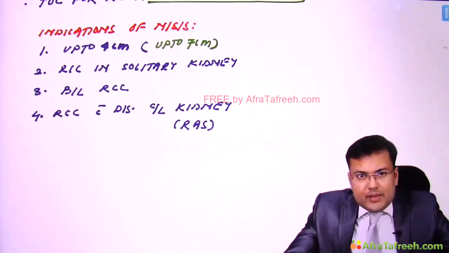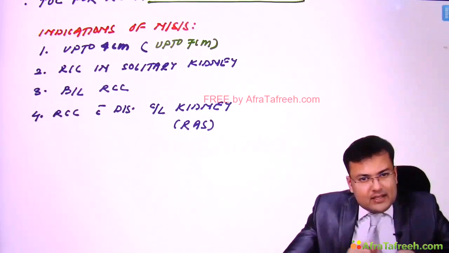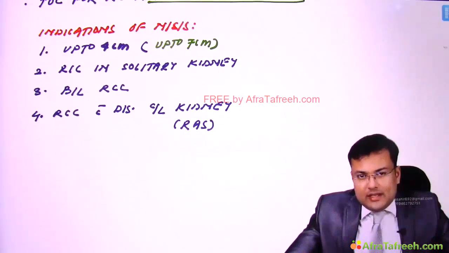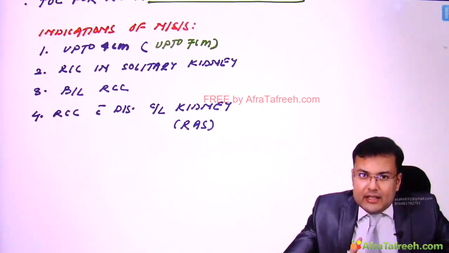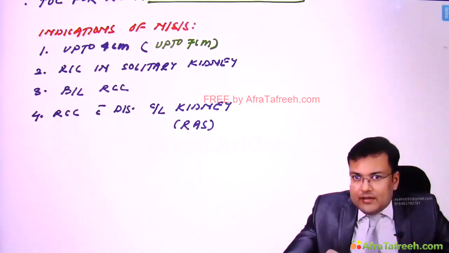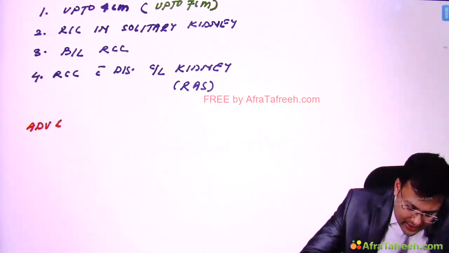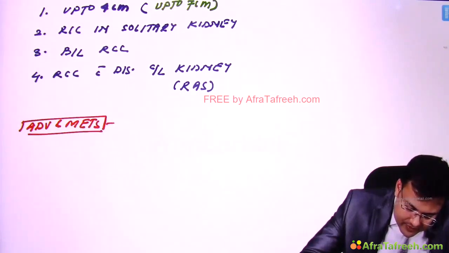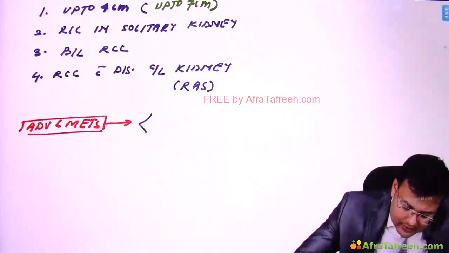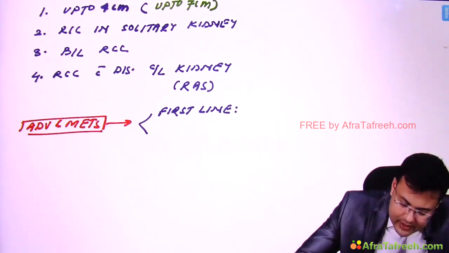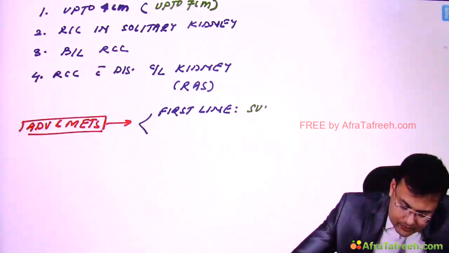Now if a patient is having advanced or metastatic RCC, clear? In that case, what is the first line agent? Initially the first line agent was interleukin 2 plus interferon alpha, but nowadays it is sunitinib. So if a patient is having advanced and metastatic RCC, the first line agent is sunitinib.